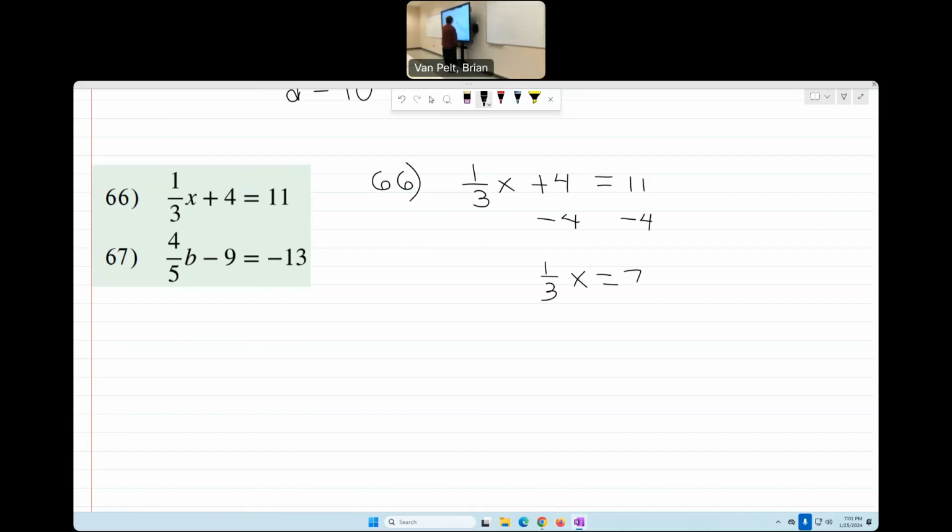So I'm gonna multiply both sides by 3/1. And if it helps, put your 7/1 so that you remember how to multiply. So over here, we get a 21. Both ones, and over there, they cancel out. Number 67.